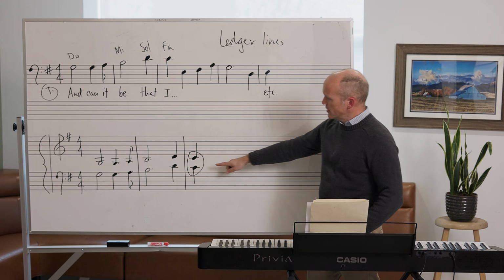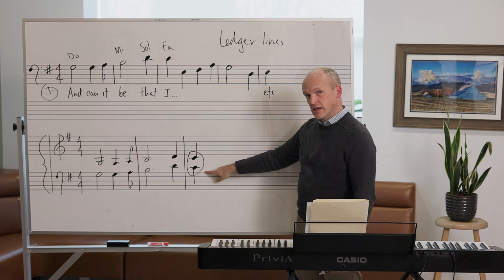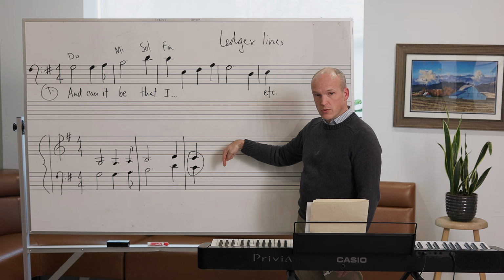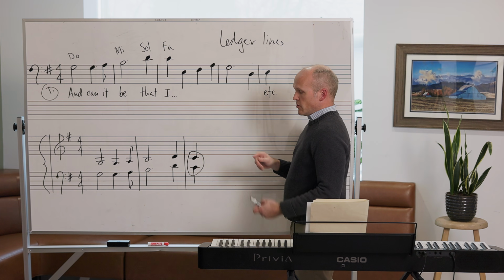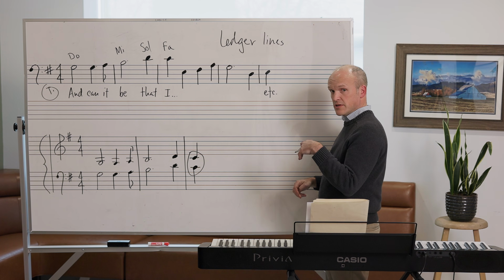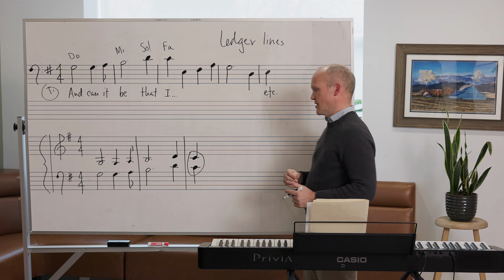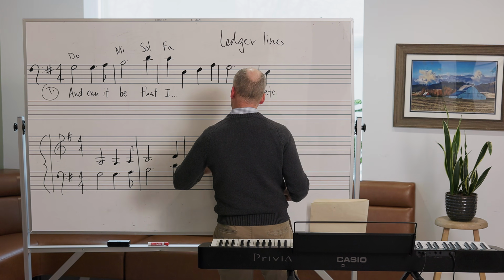One is the first ledger line above the bass clef. This one is the first ledger line below the treble clef. And so, because they have that resemblance to each other in appearance, and they have a similar function, the first ledger line, we call this middle C. So, middle C.